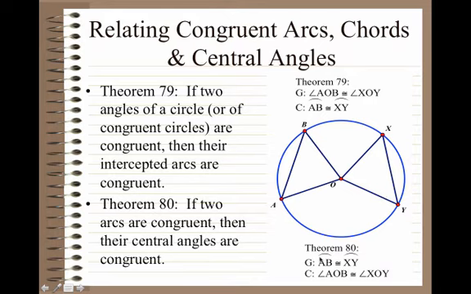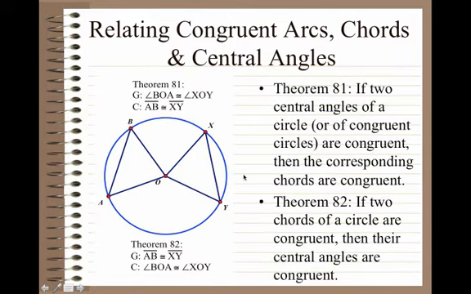Now let's take a look at if we knew the arcs were congruent. Well, if the arcs were congruent, then the angles would be congruent. So if I knew AB was congruent to XY, then angle AOB would be congruent to angle XOY.